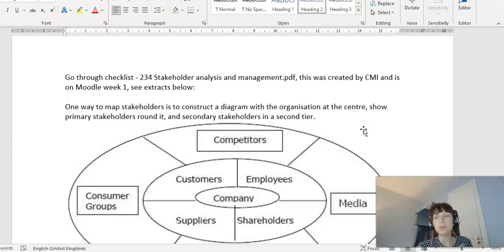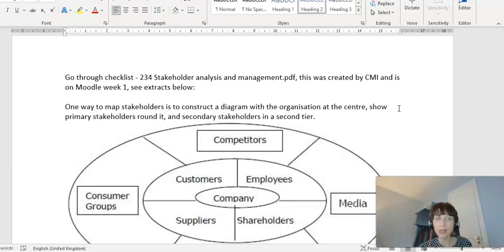One way of looking at stakeholders is to see who the primary stakeholders are, those with the biggest stake in the business. These are really invested: your employees, your customers, your suppliers and your shareholders, with the business in the centre.